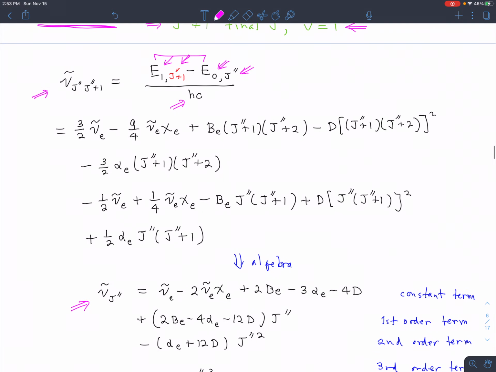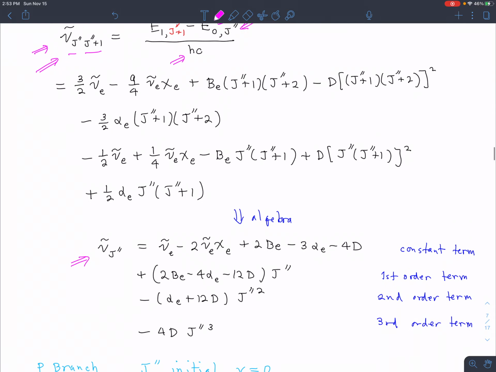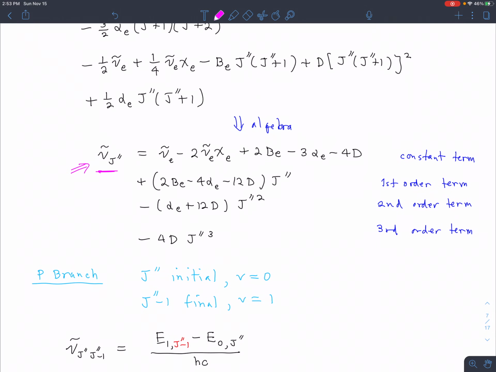Anyway, if we look at peak positions for J goes to J plus 1, and we're just going to call that nu sub J double prime here, then we get this expression. There's no point in going through the details. You can see that it's quite complicated, lots of terms, but I will point out that there is a term that doesn't depend on the quantum number.